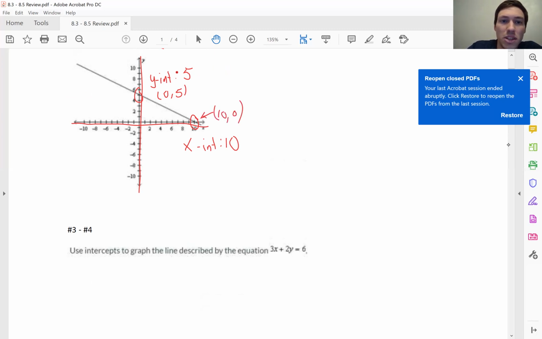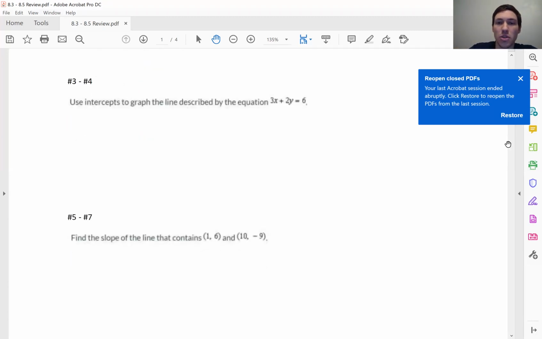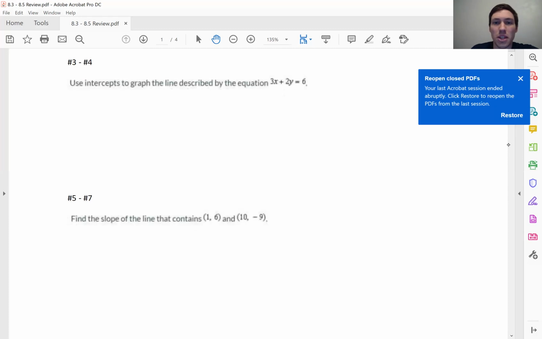The thing that both of these have in common is the zeros. For the y-intercept, x is 0, and for the x-intercept, y is 0. So if we want to know what the x-intercept is, we're going to plug in 0 for y. And if we want to know the y-intercept, we're going to plug in 0 for x.